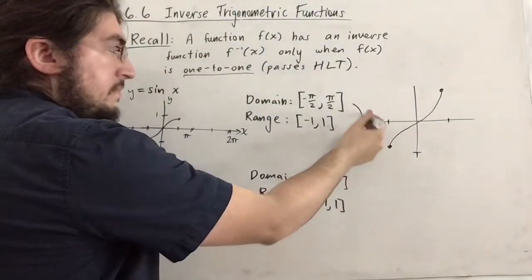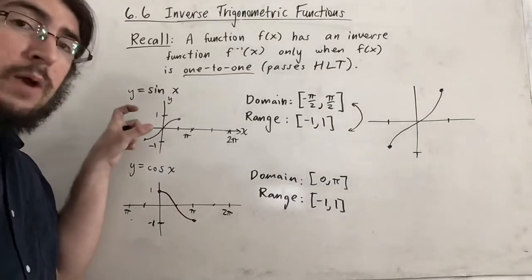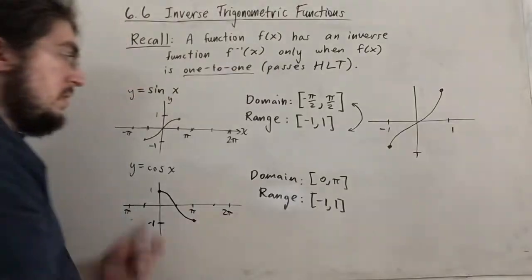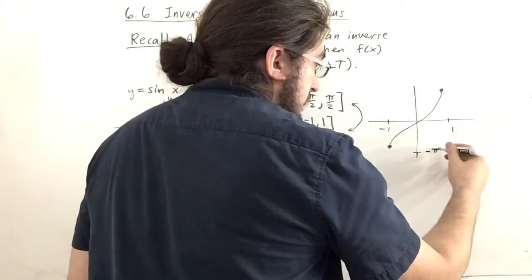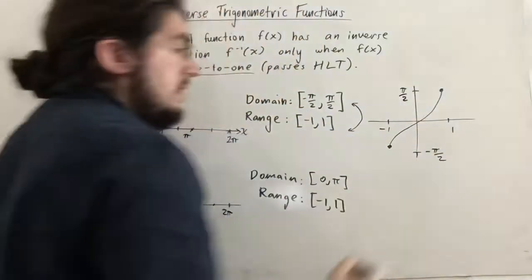Now notice here, these swap. So what was the range is now the domain, -1 to 1, and what was the domain, -π/2 to π/2, is now the range. Perfect, just like that.